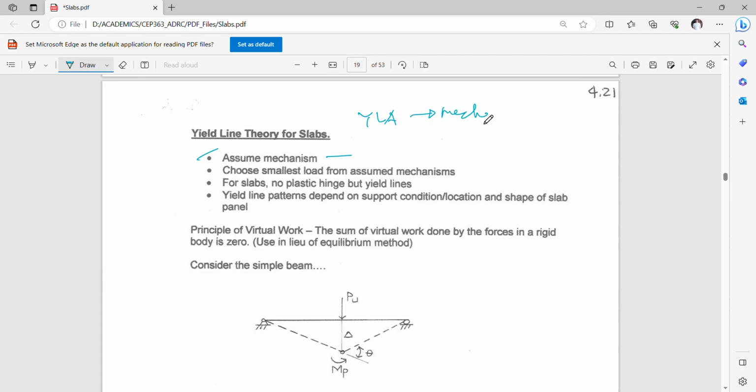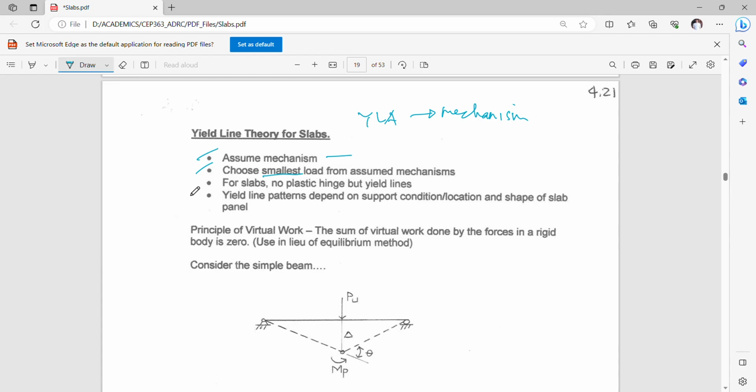Okay, so we always have to have a mechanism of collapse or failure, or else you cannot proceed with the yield line analysis. We have to choose the smallest load from the assumed mechanisms. If you only have one mechanism, of course that will be your final answer, but if you have several mechanisms, you have to choose the smallest to yield your ultimate capacity.